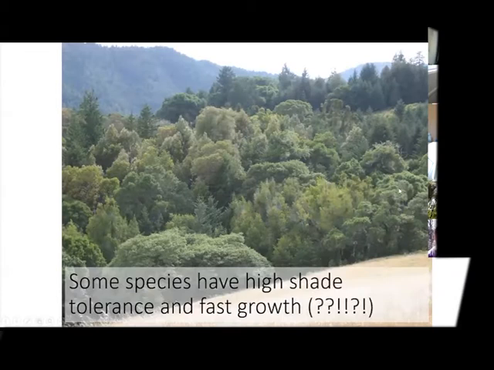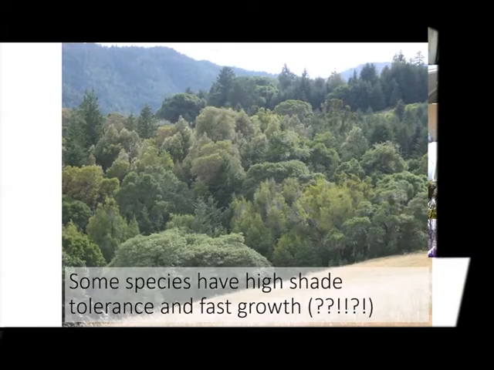Cool. So I want to caution you that it's not always clear cut. It's not always that low shade tolerance comes with sacrifice of low growth in high light conditions. Some species have high shade tolerance and rapid maximum growth. And how can that be?